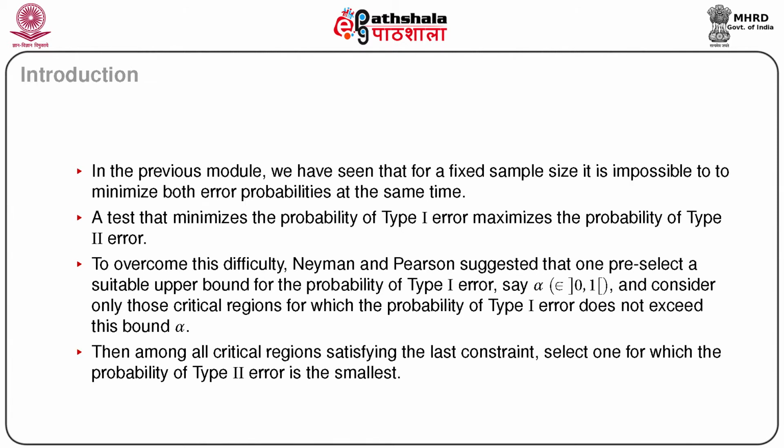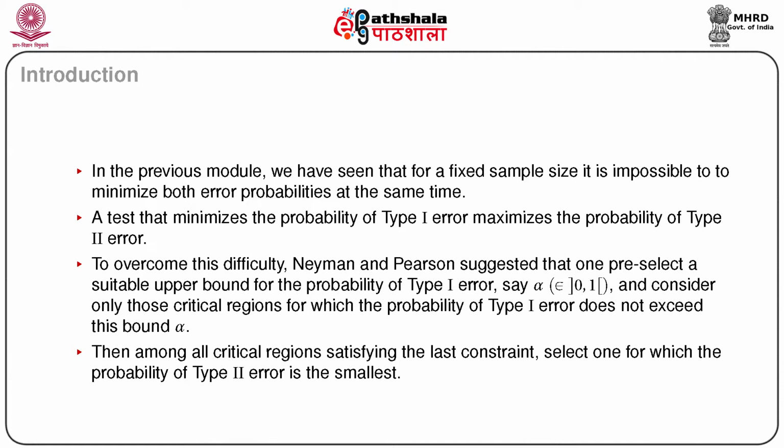In the previous module, we have seen that when the sample size is fixed, it is not possible to minimize both the error probabilities at the same time. A test that minimizes the probability of type 1 error in fact maximizes the probability of type 2 error.